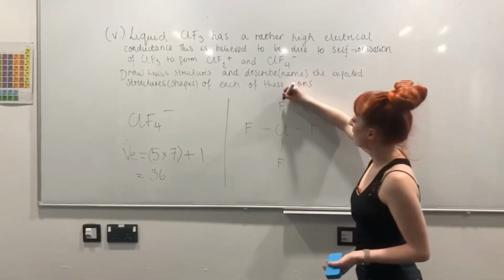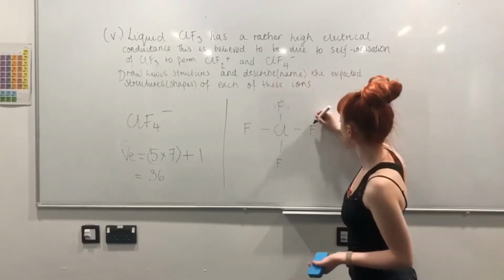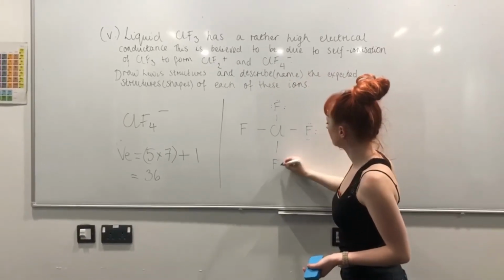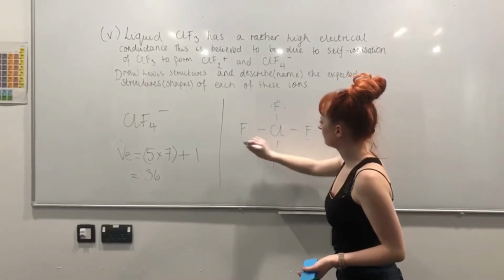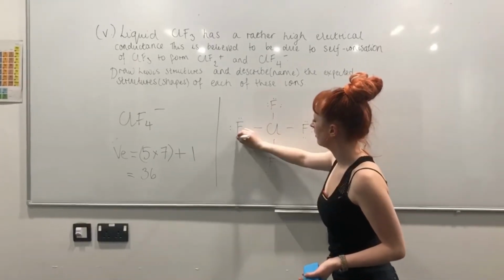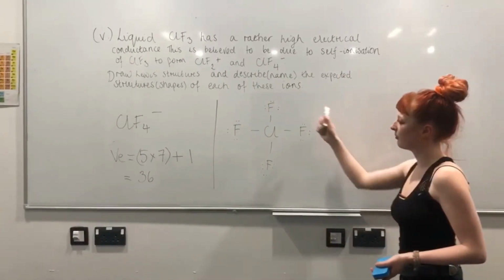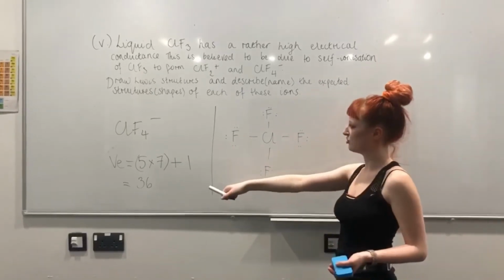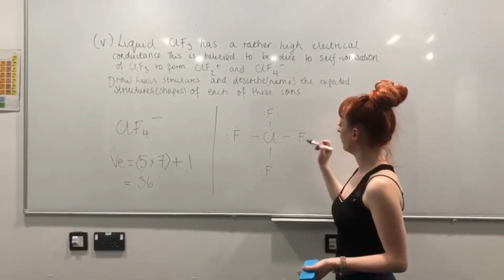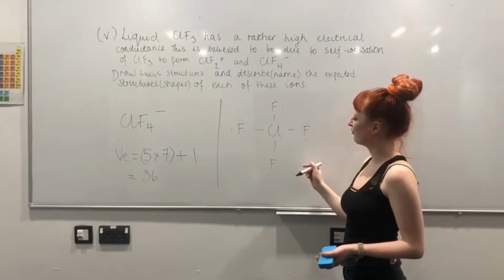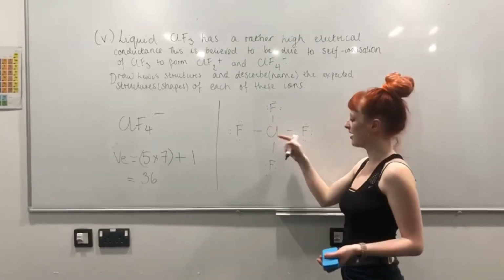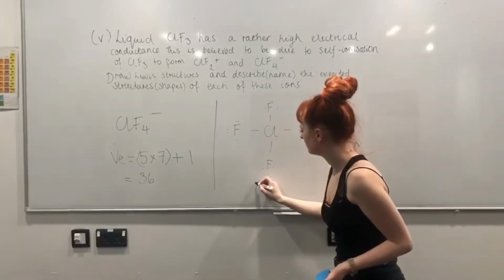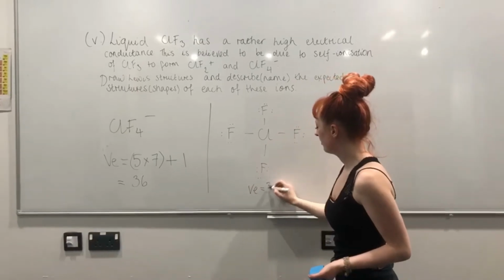Make your atoms happy by adding in your electrons. And then count up the electrons to see if they match with the ones that should be present. You have 1, 2, 3, 4 times 6, 24, and then 8 from the bonding pairs, which adds up to 32 valence electrons.